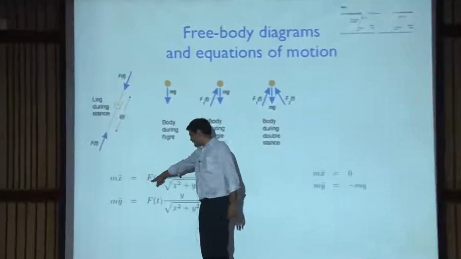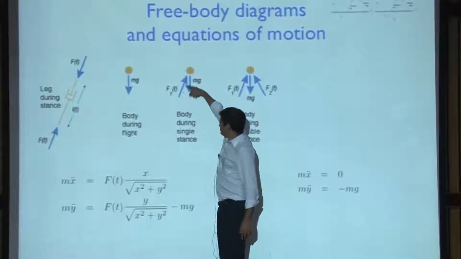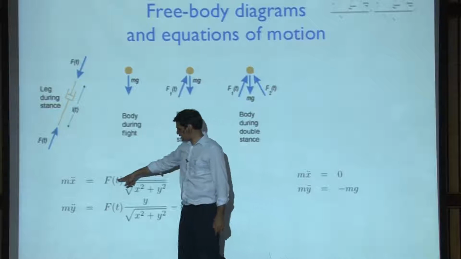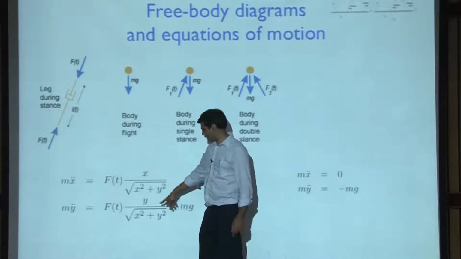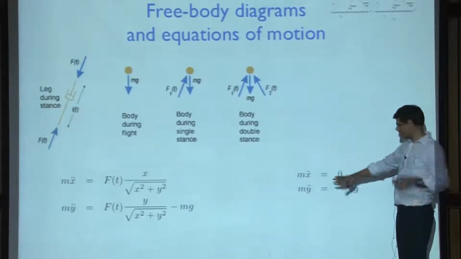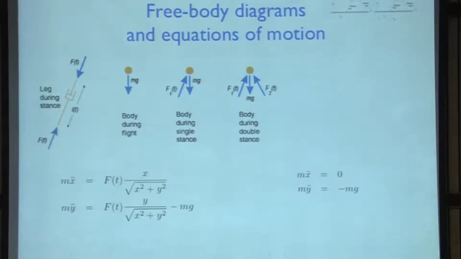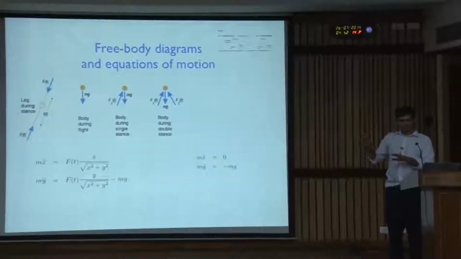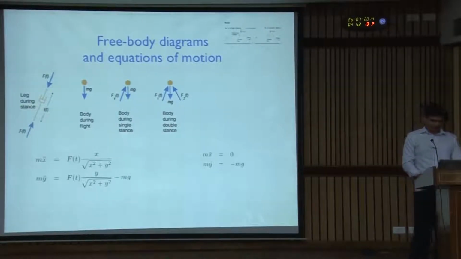When it's on the ground, it's able to produce some force on the upper body. These are really simple differential equations, freshman physics: M x double dot equals the force on it, F times cosine theta, F times sine theta minus mg. So really simple differential equations during what we call stance phase, and really simple differential equations during flight phase. This is a problem in which there are two phases potentially. You simulate the first phase, simulate the second phase, and make sure they patch up together and so on.